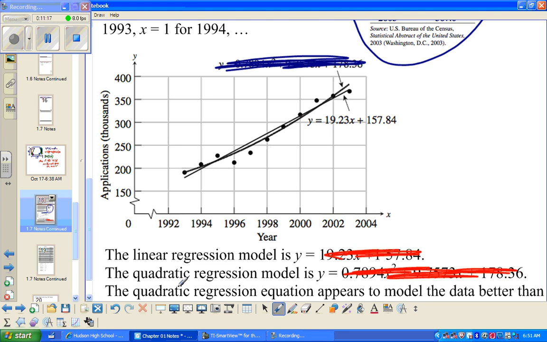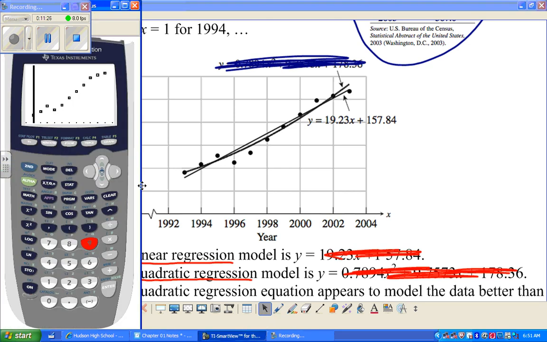We're going to use the quadratic regression and the linear regression to see which model fits the data the best. So how do we do that? You're going to go to stat, go over to calculate, and then you're going to do number 4, and then number 5. Number 4 is a linear regression line, and number 5 is a quadratic regression line.